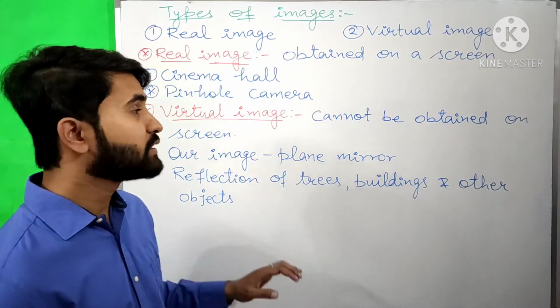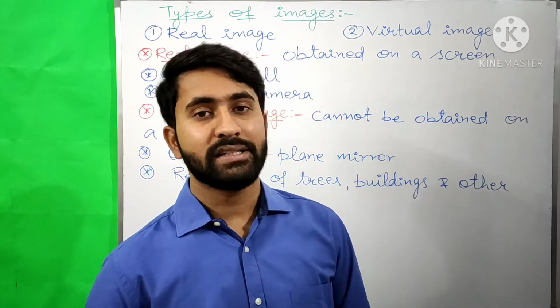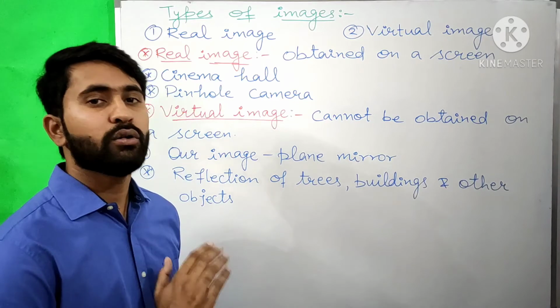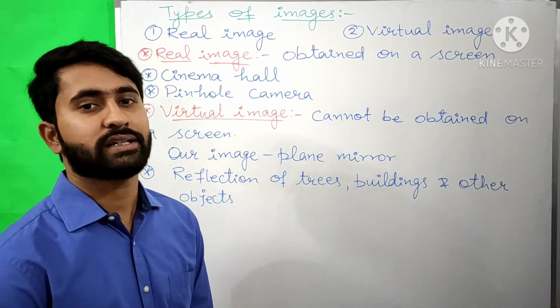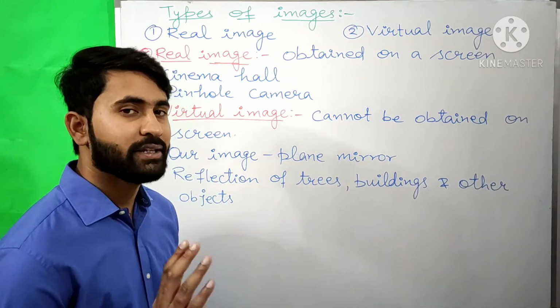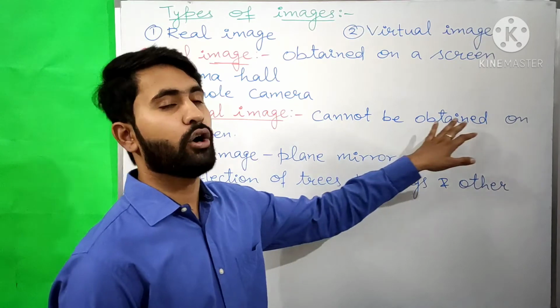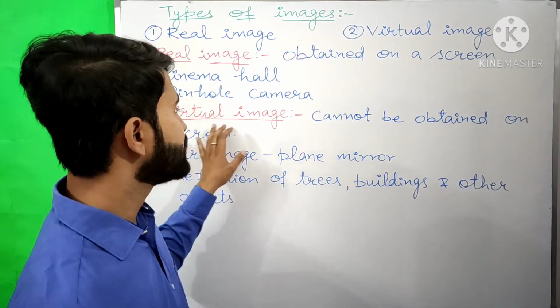In class 6, we have read about the pinhole camera. The images that are formed in a pinhole camera can also be obtained on a screen. So they are also real images. The images which cannot be obtained on a screen are known as virtual images.